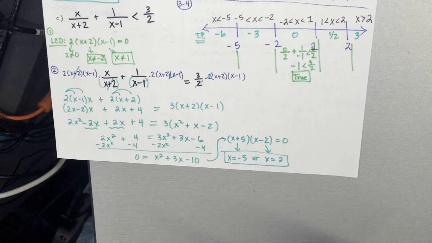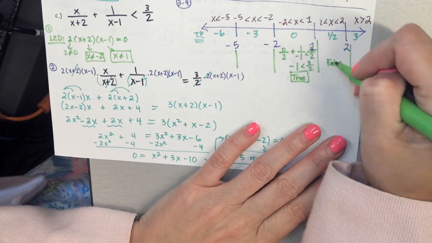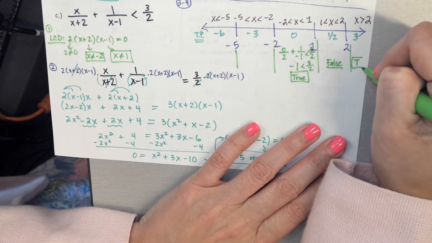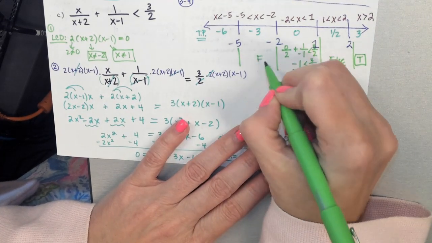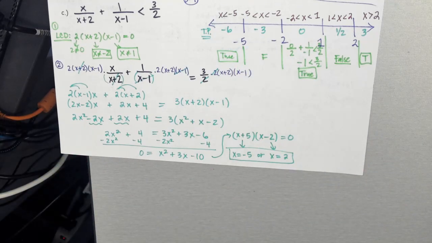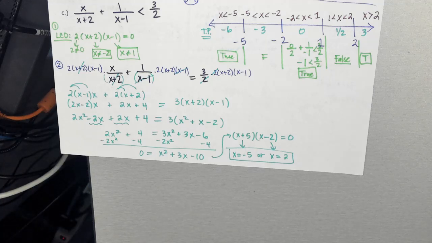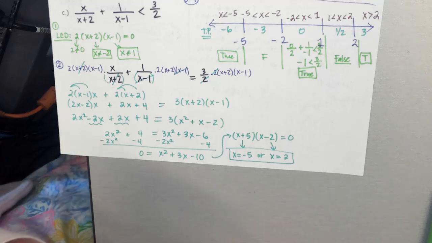So if that is true, what should this one be? False. And then this should be true. This should be false. This should be true. So you have 3 different intervals that are true, which means your solution is going to be those intervals. Okay?